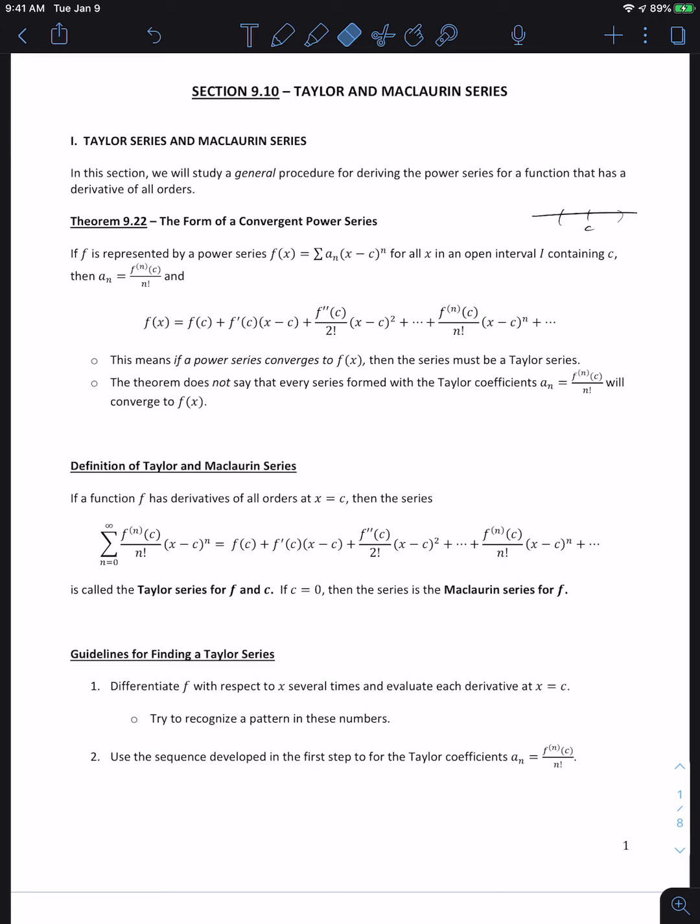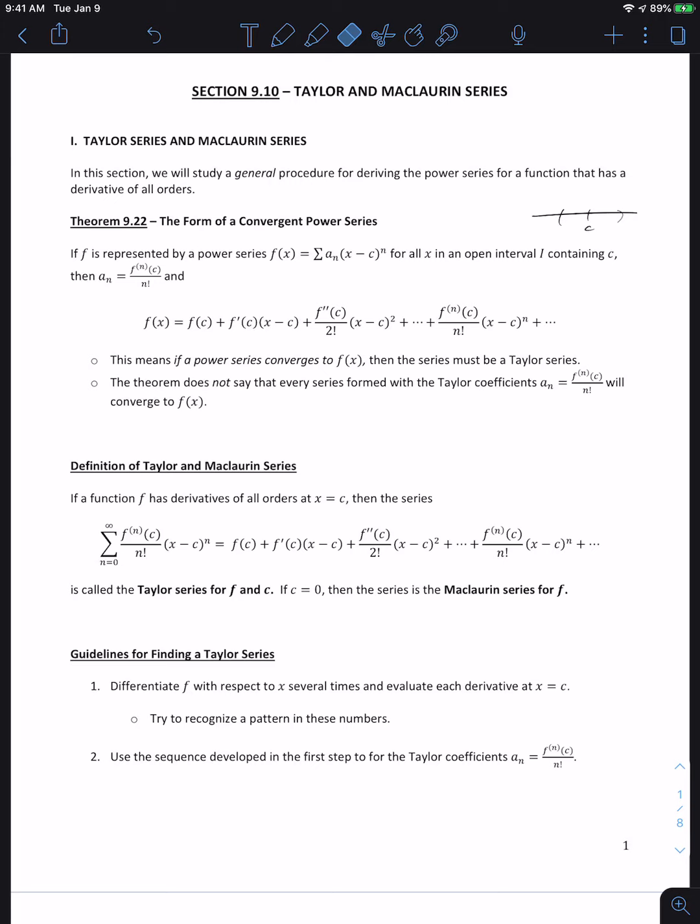What it does not say is that every series formed by the Taylor coefficients will converge to f of x. Right? So if I had a general function and I found its Taylor series, then that doesn't necessarily mean that the Taylor series converges to f of x, right? But in this section, we're not really going to look at when Taylor series converge necessarily.